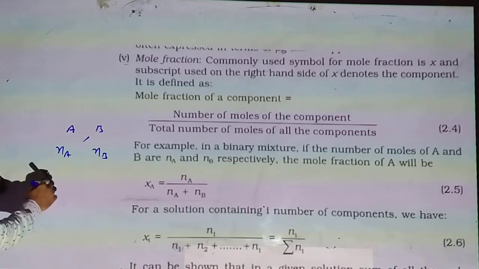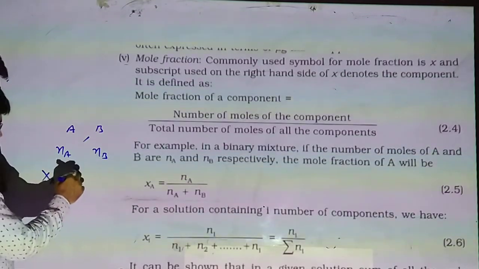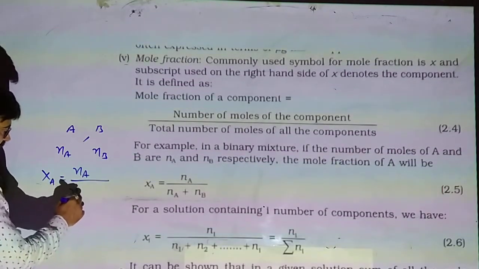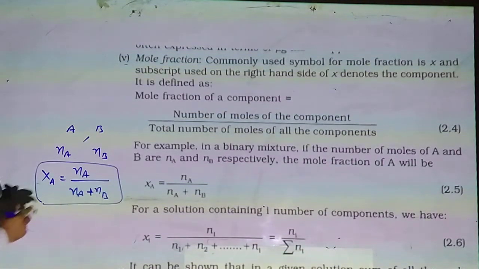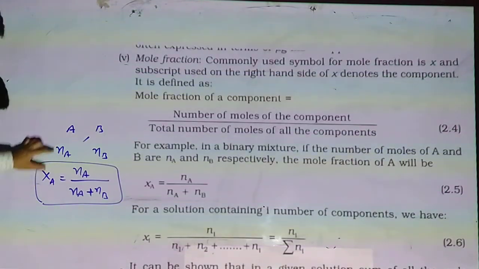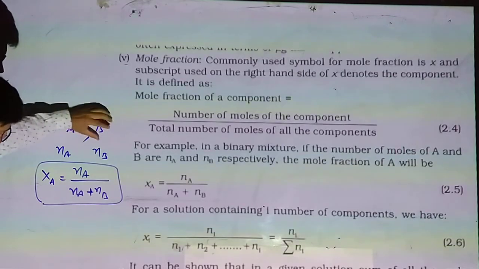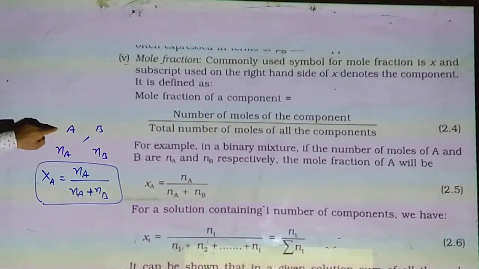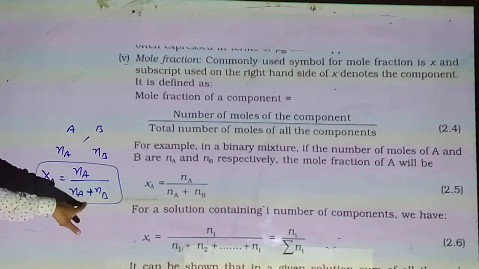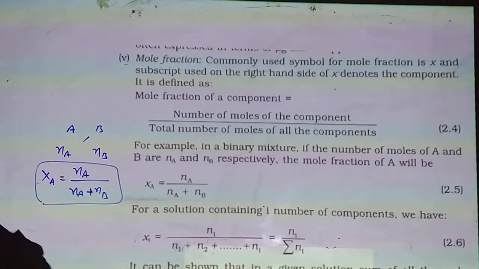So to get the mole fraction of A, mole of A upon total mole gives the mole fraction of component A. એનું મોલ ફ્રેક્શન મેળવવું હોય તો એના મોલને ટોટલ મોલથી ડિવાઇડ કરવું પડે.